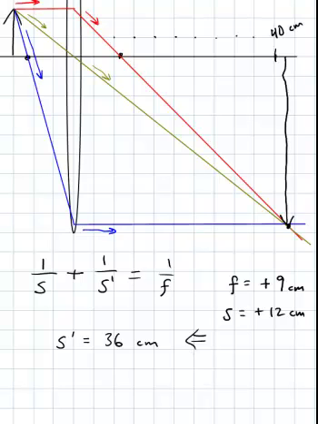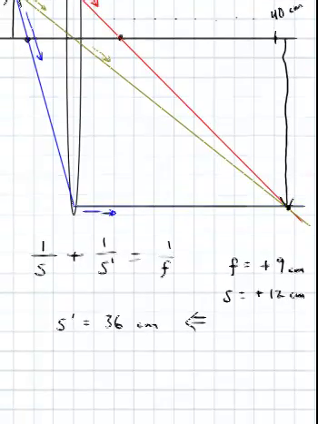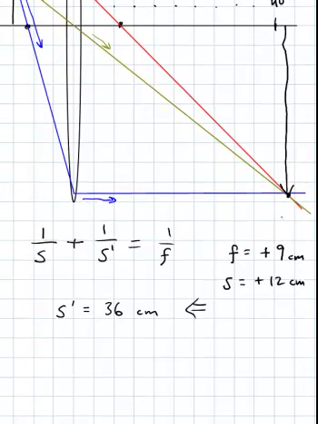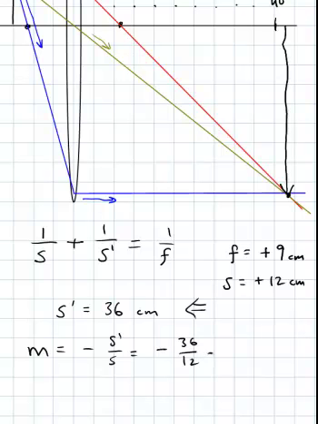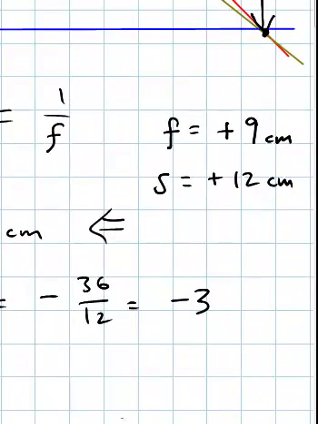So let's check our magnification. That means our magnification should be negative. And our image looks like it's 2 to 3 times larger than our object. So let's see what the magnification tells us. The magnification is negative S prime over S, negative 36 over 12, negative 3.